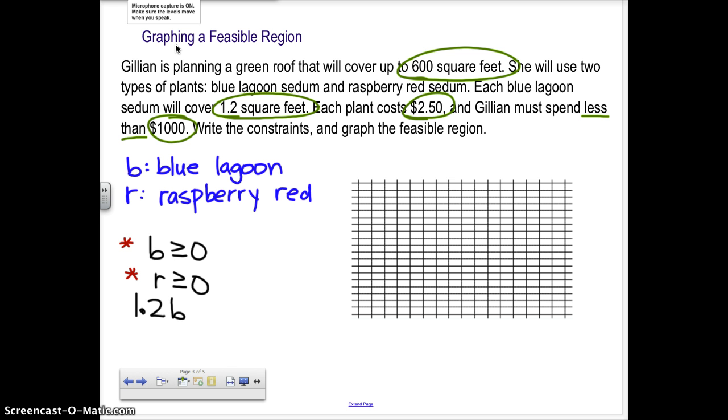Every red, why doesn't it say it in the problem? It doesn't say it here. I mistyped it. But every red covers 2 square feet. So the Raspberry Red covers 2, and we're going to cover all the way up to 600 square feet.